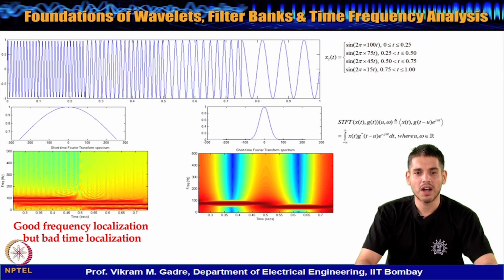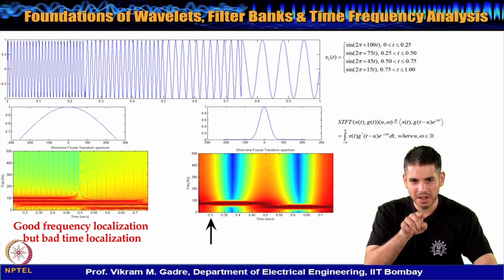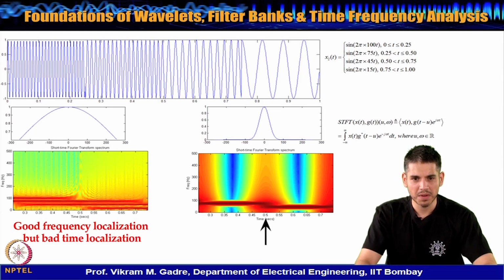Whereas if we look at the spectrogram on the right hand side below, the window which is of lesser time duration, we can exactly point out the time of occurrence of these frequency components, which is done by the use of these black arrows.